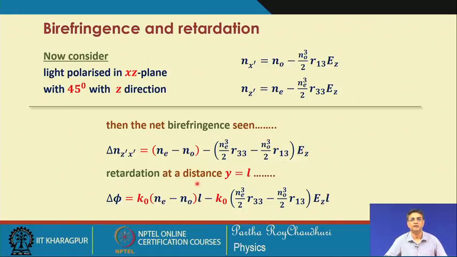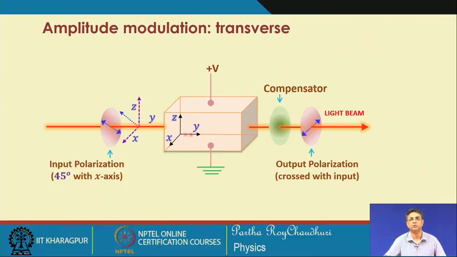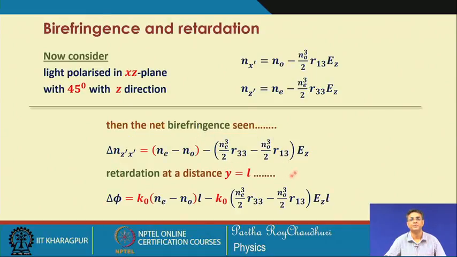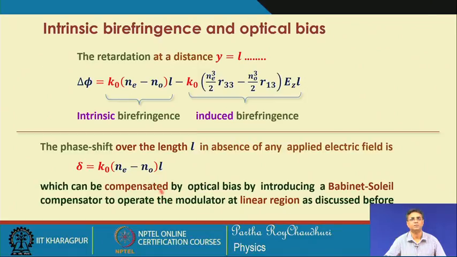So, the retardation at a distance y: the light has travelled through a distance y, so over this distance it has accumulated phase which will result in this retardation, that is delta phi, equal to this into this, very straightforward from here. This is the induced retardation and this is the intrinsic retardation because of the natural values of the refractive indices along the x and z directions.